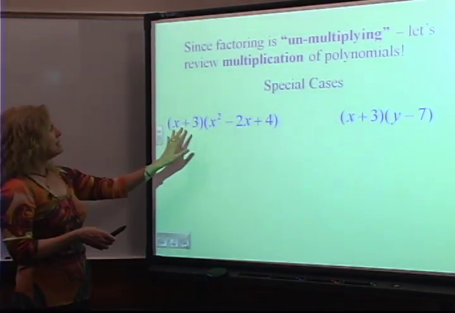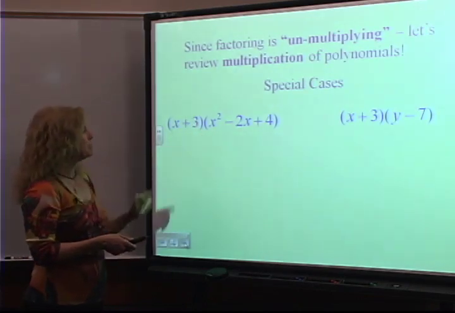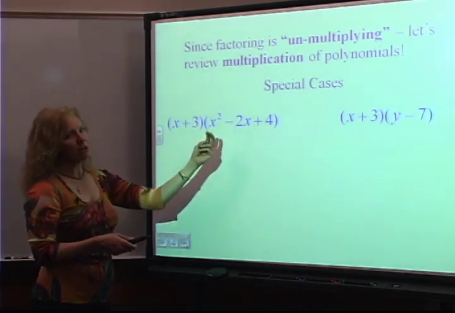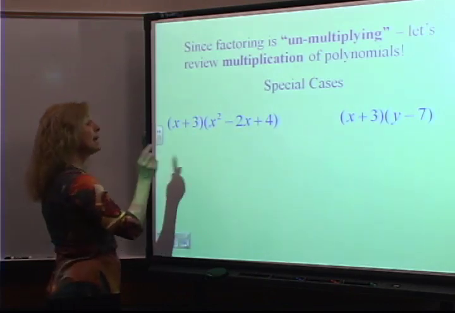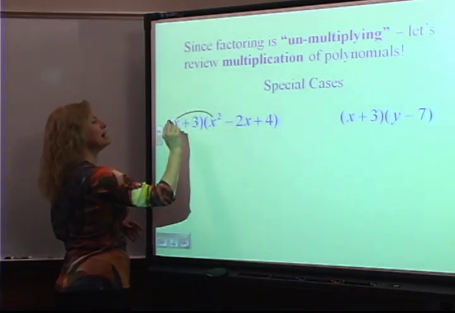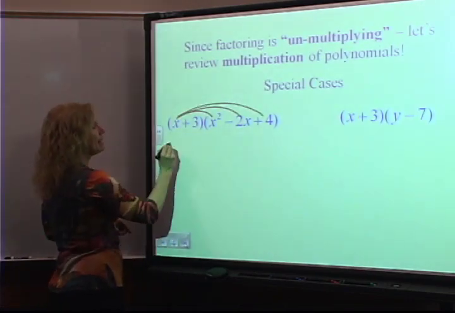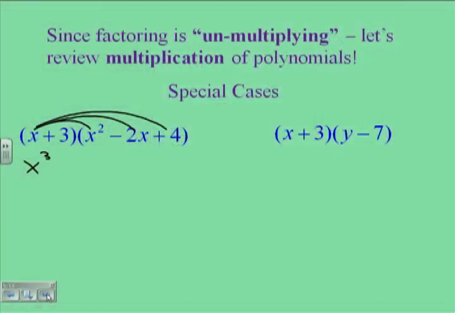In this case, I've got 2 terms multiplied by 3 terms, a binomial and a trinomial. And although I can't really call it FOIL, it's the same idea. I first distribute the x through, and I get x cubed minus 2x squared plus 4x.